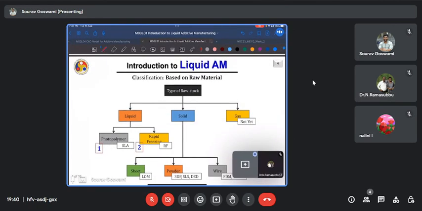And as per Professor Kapil's classification also, we have classification based on the type of raw stock. So the raw stock can be any of the states of matter. It can be liquid, solid, or gas. For gas, there are no widespread or prevalent methods as such. As I shared in the first weekly session, there are certain nano additive manufacturing methods which utilize aerosols.